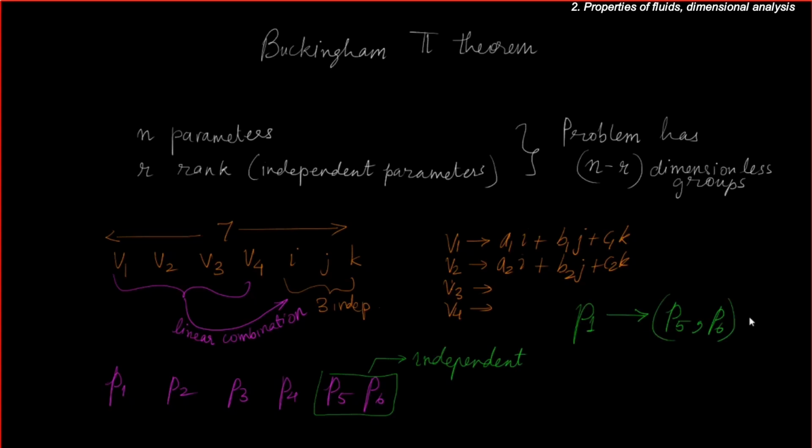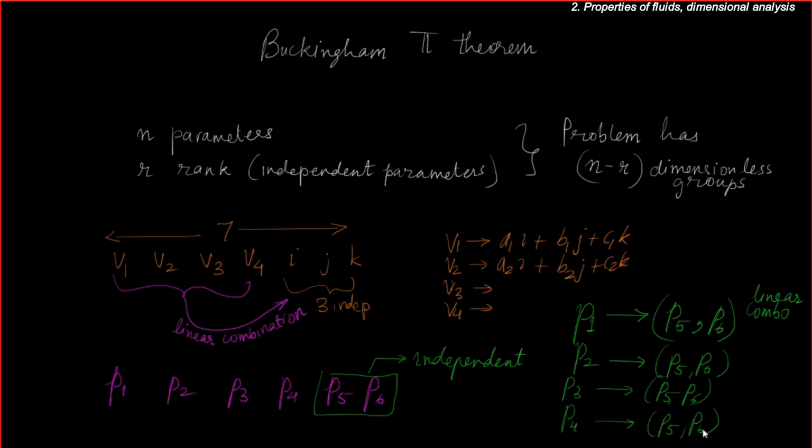So if we consider that we have 7 parameters v1, v2, v3, v4, i, j, k as 7 vectors in this particular example, then i, j and k serve as 3 independent vectors, meaning the rank of the matrix would necessarily be 3, and we have already covered this in the mathematics video.